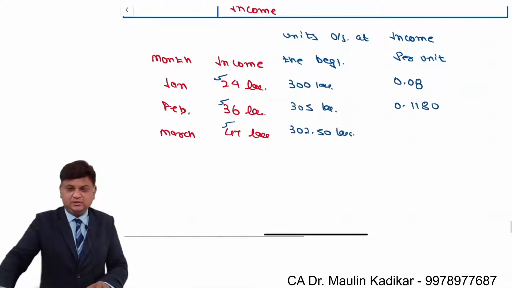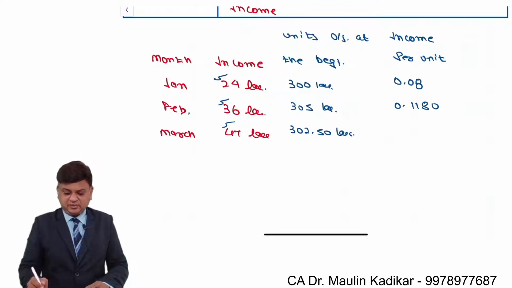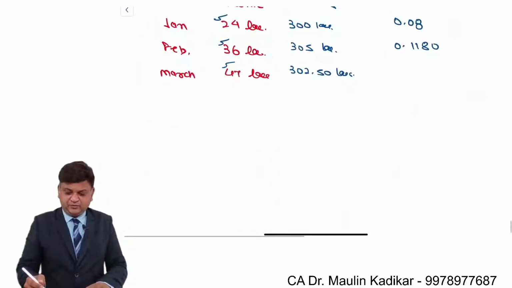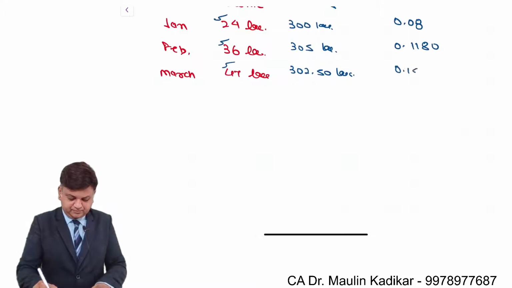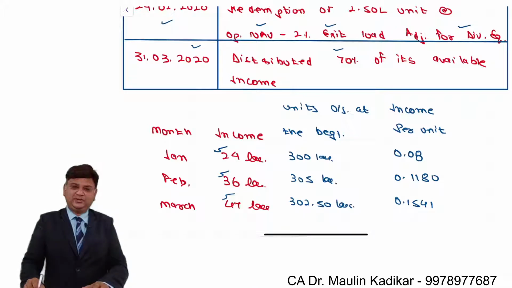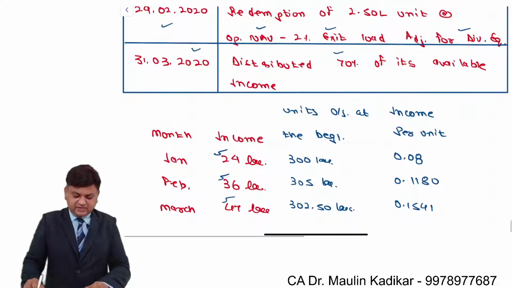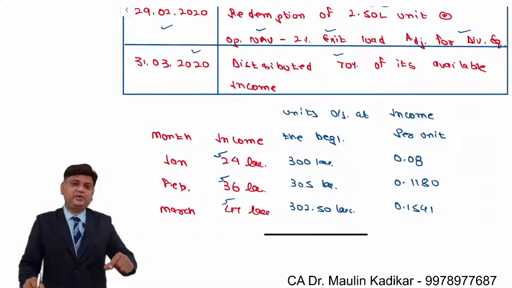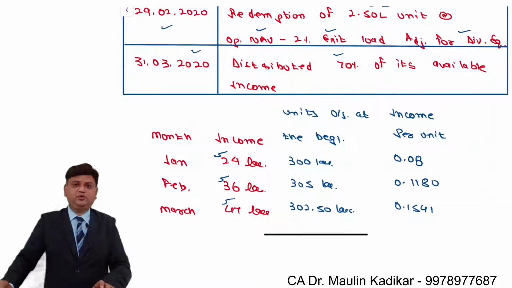Again use your calculator, 47 lakhs upon 305 lakhs, that comes to 0.1541. This is the income on a per unit basis. This is the way we have computed the income per unit for January, for February and for March. How it is relevant for the purpose of answering, I will explain to you.